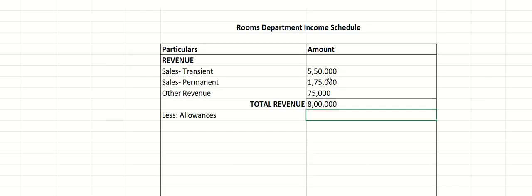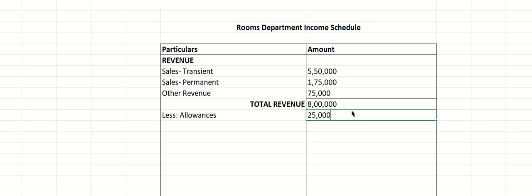That means the management, before getting revenue from rooms, allowed this 25,000 as an advance to the rooms department so they can meet their expenses. After collecting the total revenue, we are going to repay that allowance. Now write less allowances, the amount was 25,000.